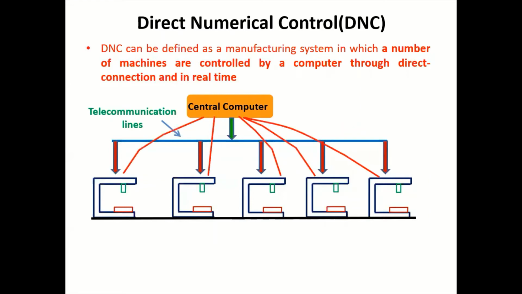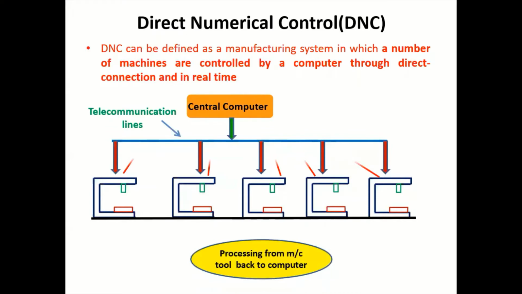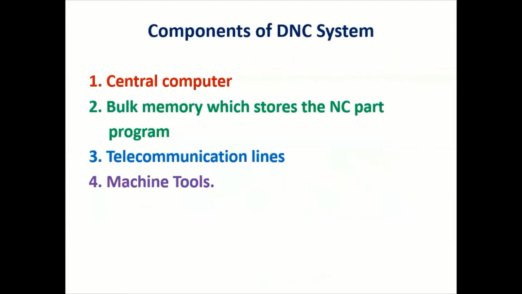So direct numerical control means processing from the machine and back to the computer. That means we are flowing this data again to the central computer. So there will always be two-way communication.